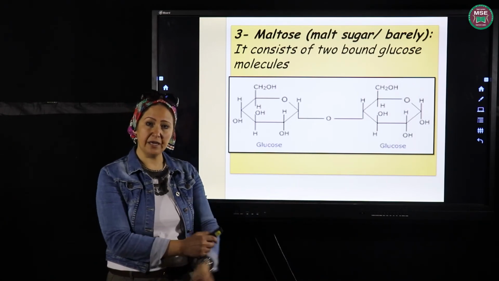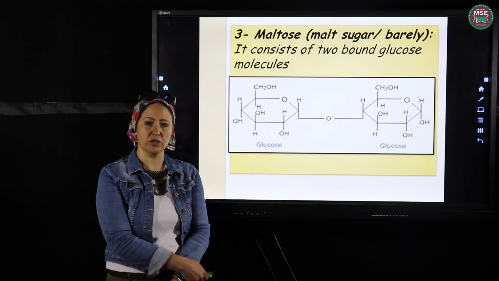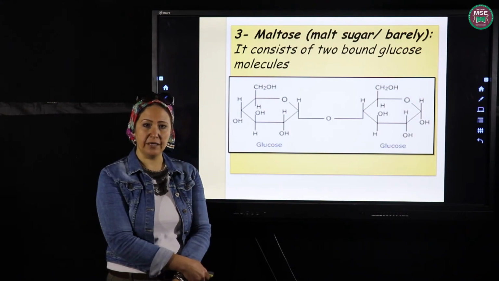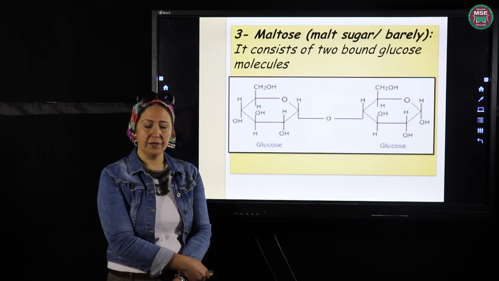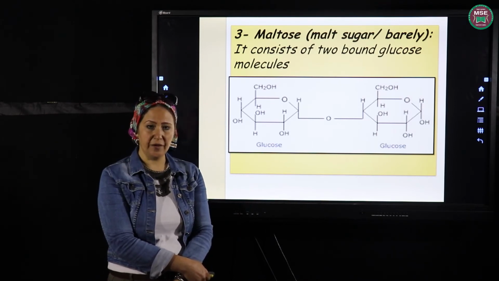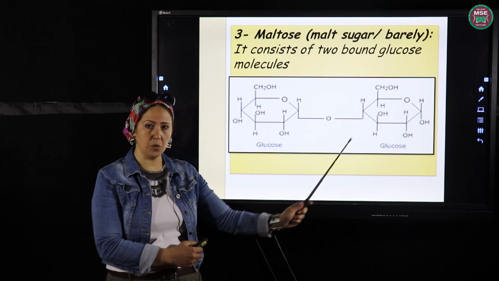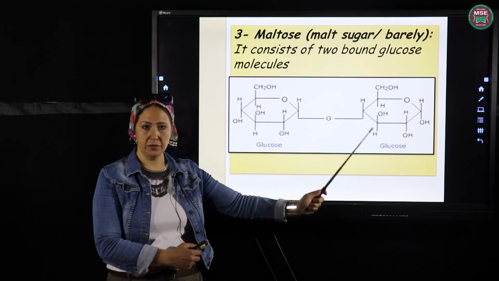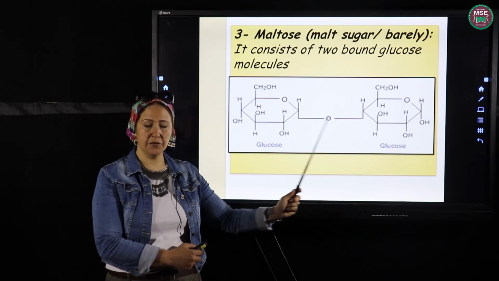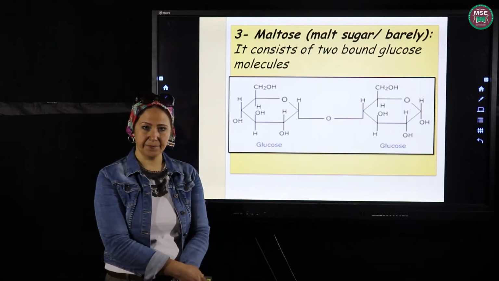So from this chemical formula, you have to release 1 water molecule. So the chemical formula becomes C12H22O11. You have to understand well that for each glycosidic bond formed between 2 monosaccharides, there is a water molecule released.